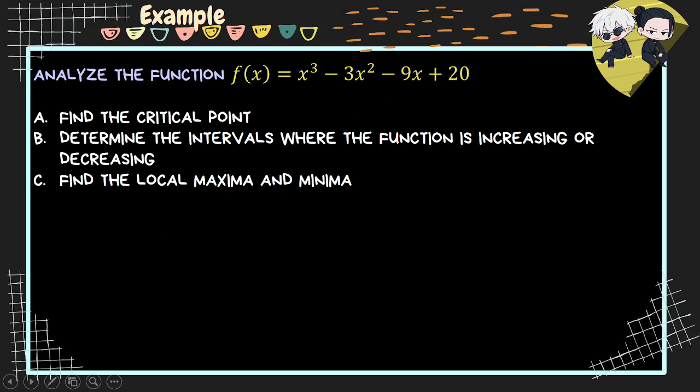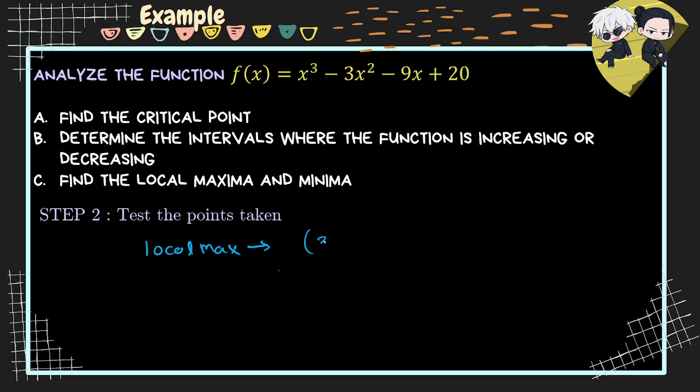So, that means we have found the local maximum and minimum. Our local minimum is at 3 and negative 7. And our other coordinate, negative 1 and 25, is our local maximum.